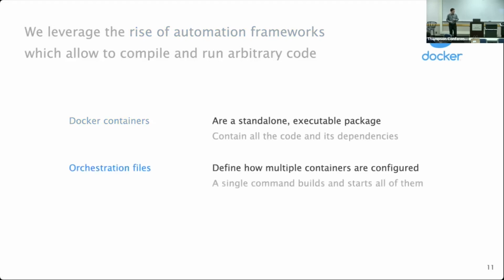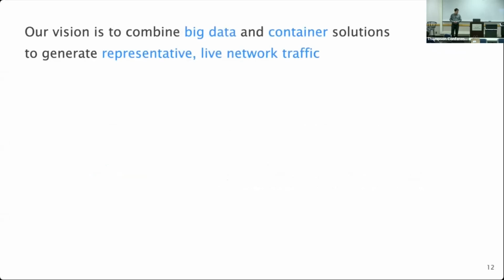Yet even more interesting are so-called orchestration files, which define how multiple containers interact with each other and are connected to each other, and a single command can then start all of them. So we were focusing on open source projects that have such an orchestration file, with the hope that we can execute all the containers and then hopefully get some network traffic out.